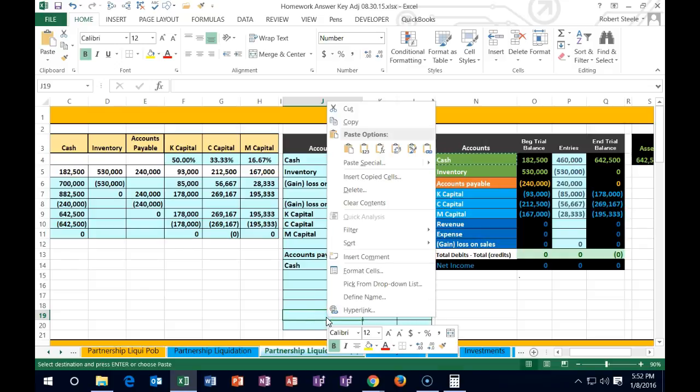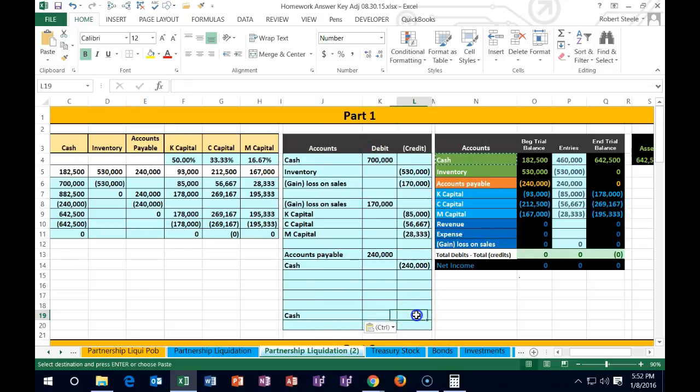But I'm going to put this on the bottom, right click and paste it 1, 2, 3. We're going to credit it by the amount that's in there, which is a credit of negative 642.5. And then we're going to allocate that to the partners, K, C, and M, in accordance with what is in there. So I'm not going to allocate it in accordance to their profit sharing.